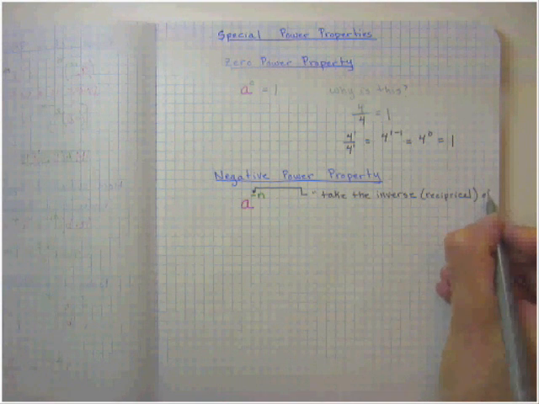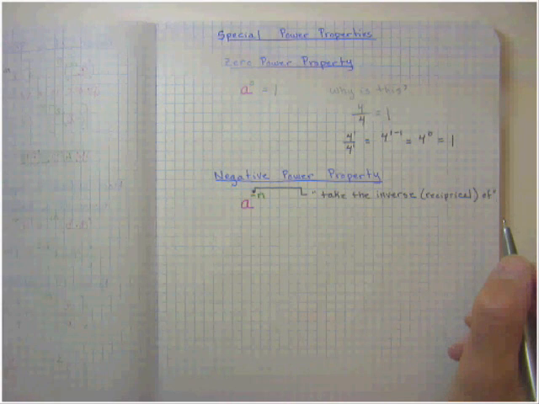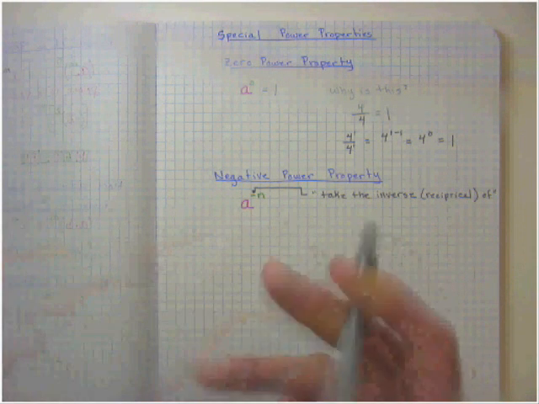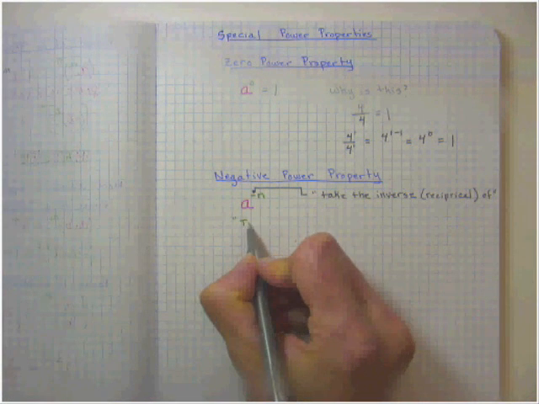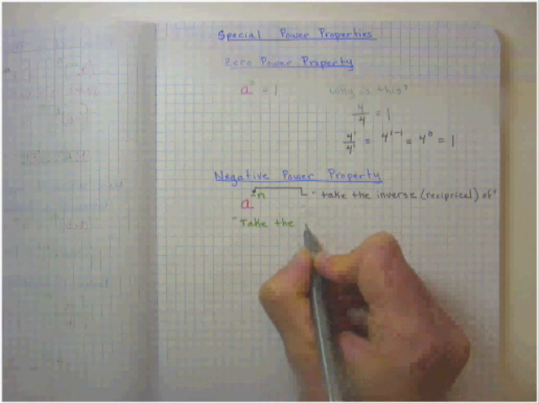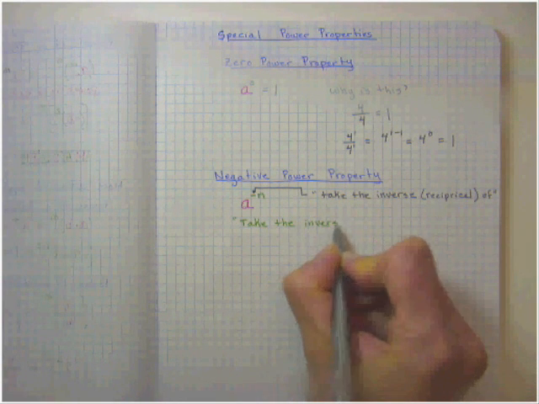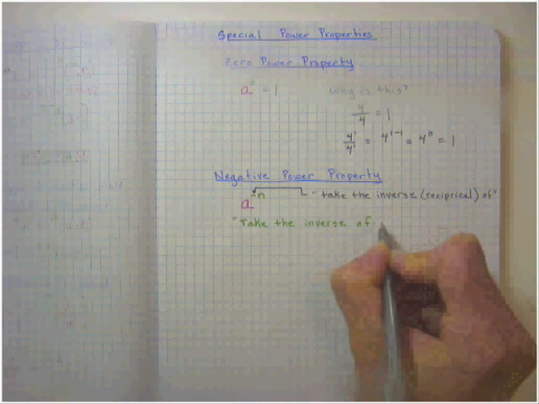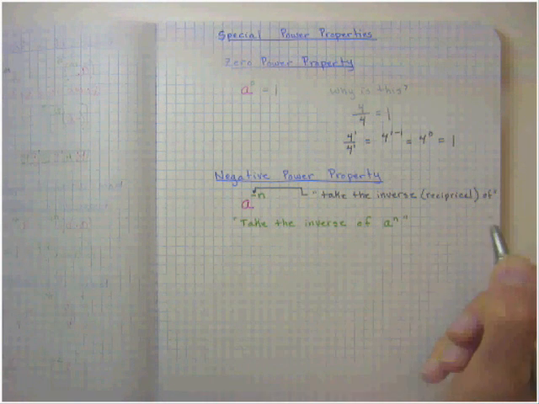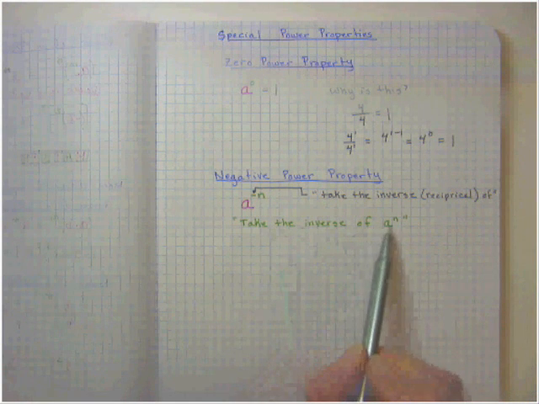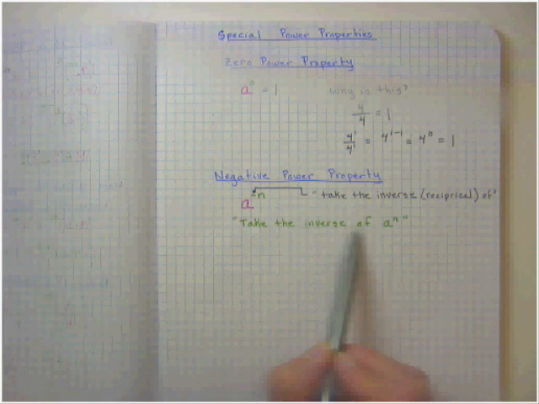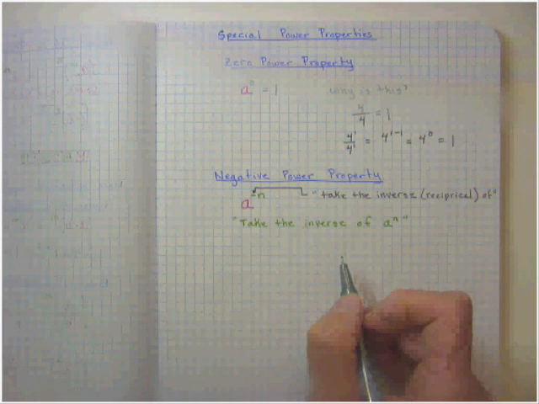Take the reciprocal or the inverse of something. Okay? So we would read this to say, take the inverse of a to the n. Notice when I say take the inverse of a to the n, that negative is not there anymore. Because that's what that negative is saying. Take the inverse of. That's what that means.